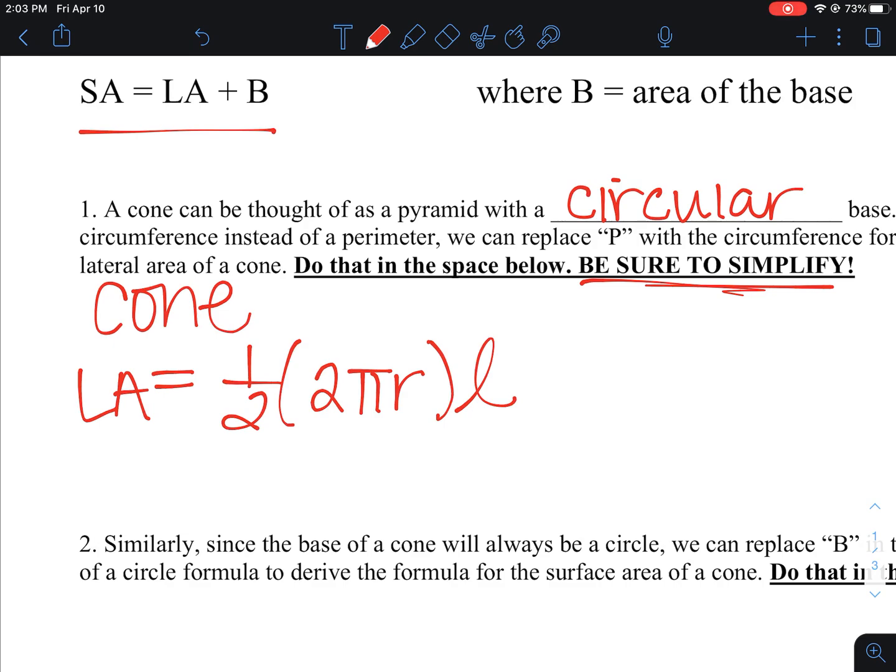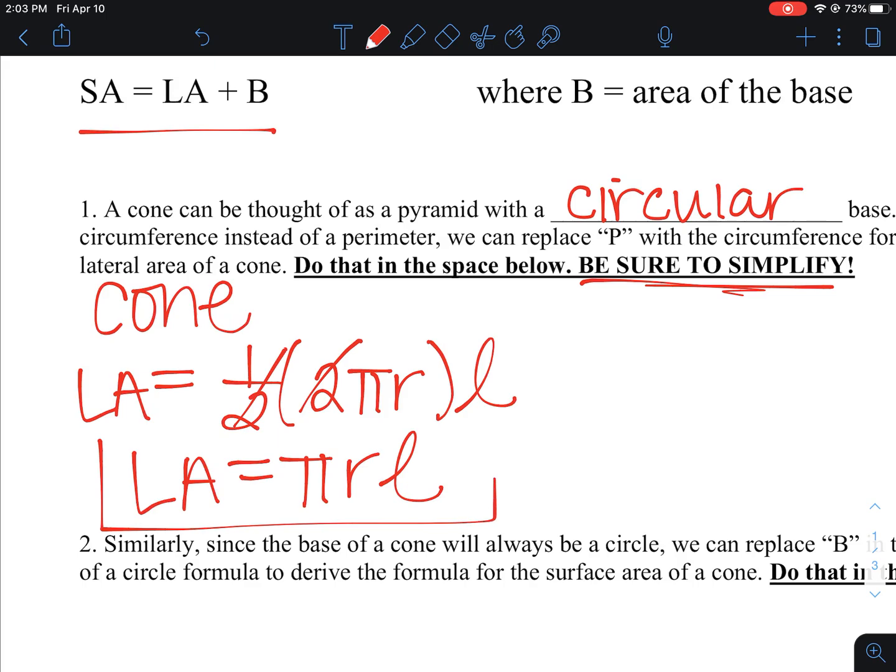Notice we're really dividing and multiplying by 2, right? Multiplying by 2, multiplying 1/2, that's the same thing as dividing by 2. Those two operations would cancel each other out. And so what you're actually left with is pi r L. So pi times the radius of the circle times the slant height of the cone. Okay, here is our lateral area of a cone formula.